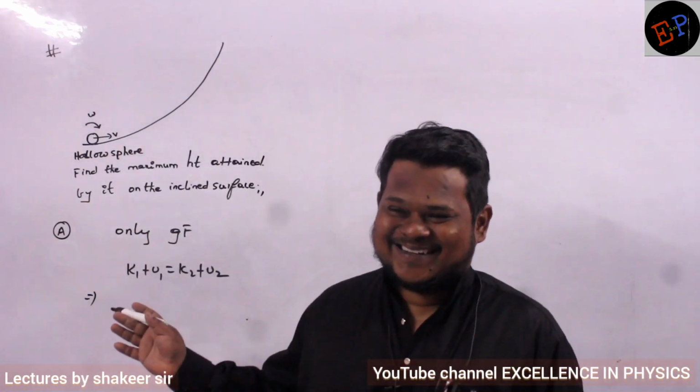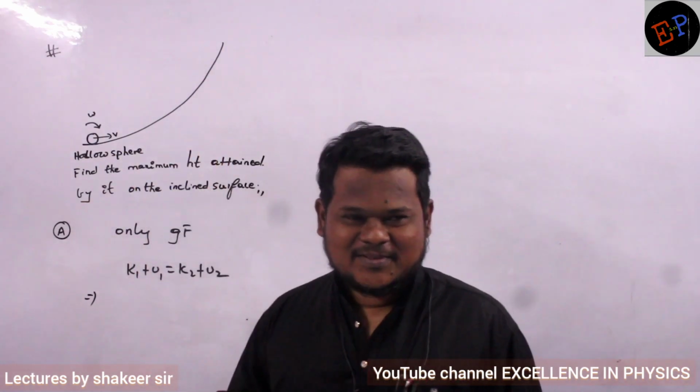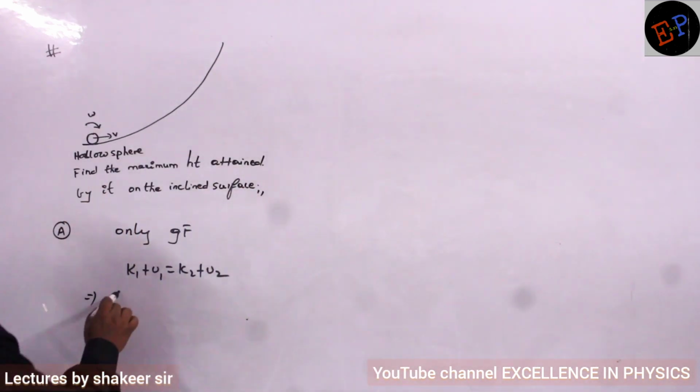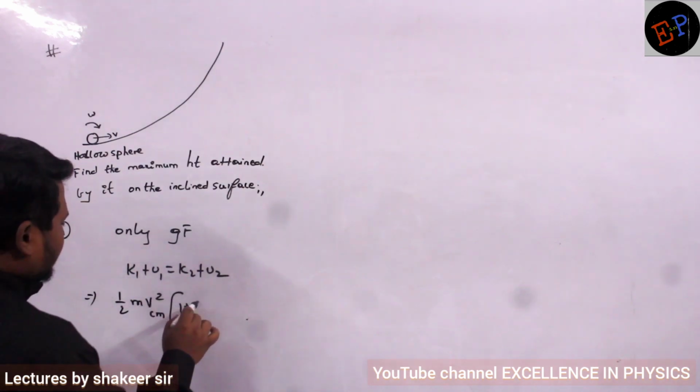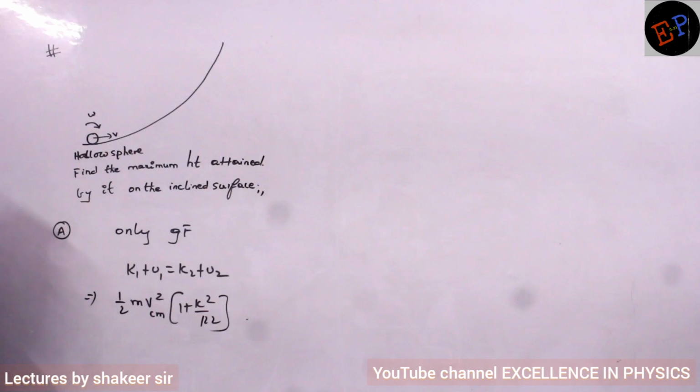There are two. It is moving in a straight line and it is also rotating. So two energies are there, no? So what is the total kinetic energy? Half m v center of mass square multiplied by 1 plus k square divided by r square. This is the total kinetic energy, sum of kinetic energy of translation and kinetic energy of rotation.